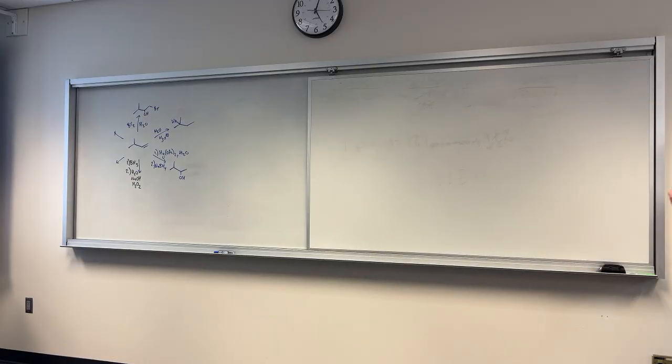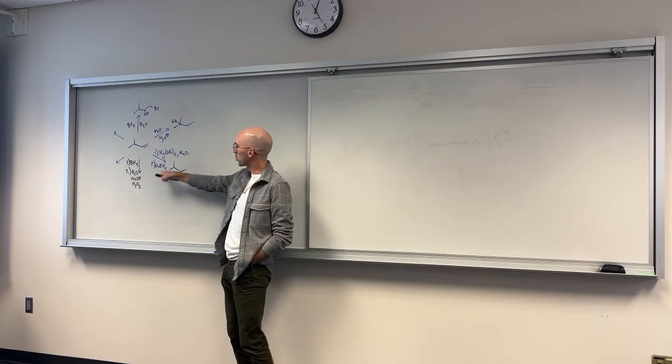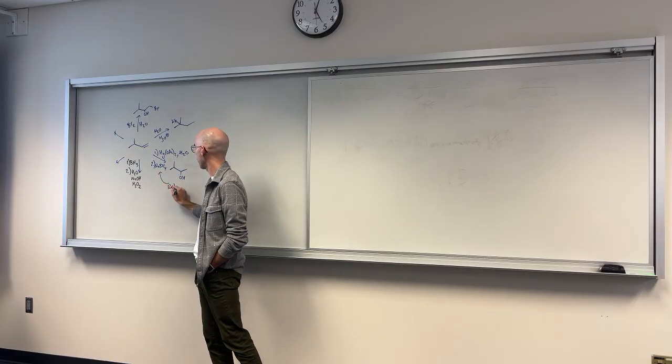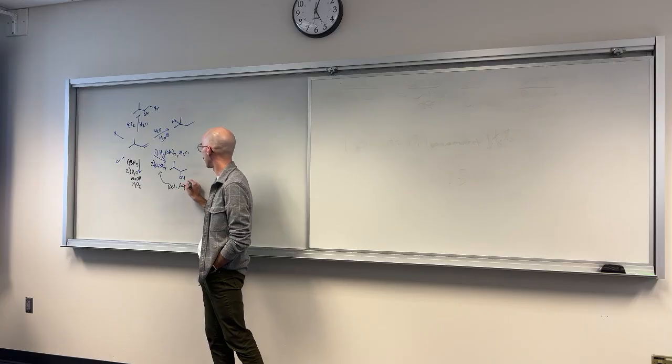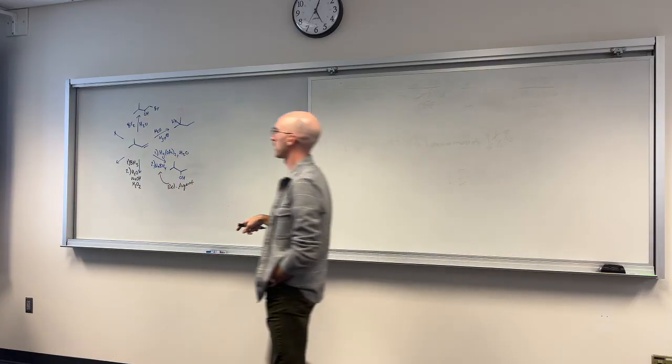A basic aqueous solution of hydrogen peroxide. Oxymercuration reduction actually uses this reducing agent, sodium borohydride. We're going to talk more about sodium borohydride today.